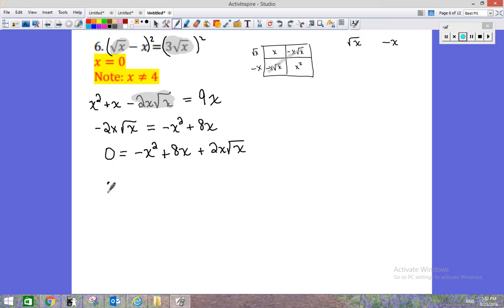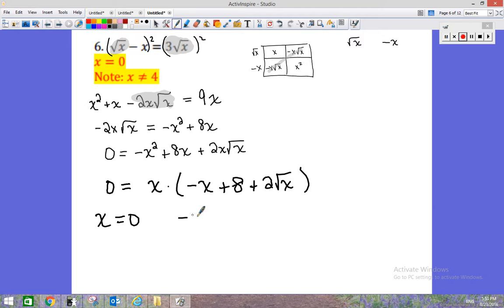So if I factor out an x, I've got x times negative x plus 8 plus 2 radical x. Okay, so by my zero product theorem, either this first factor is 0, x equals 0, or this negative x plus 8 plus 2 times radical x equals 0.